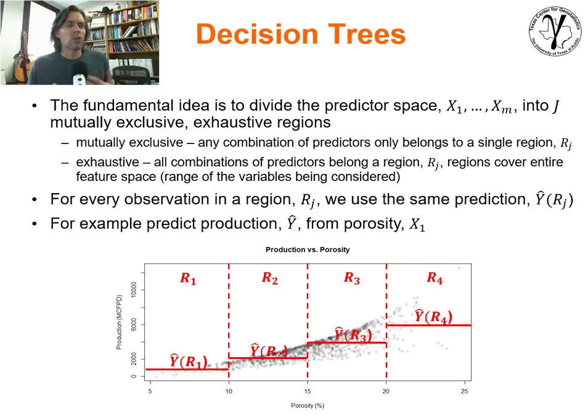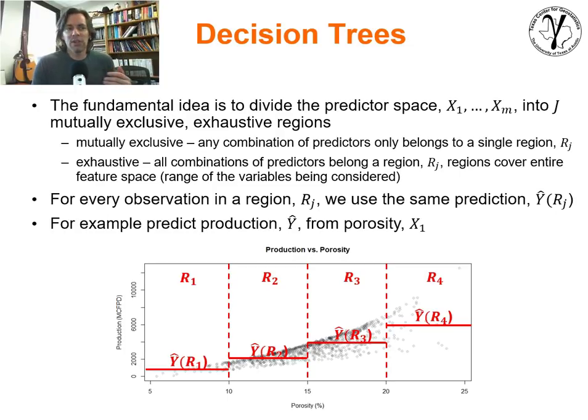Let's talk about what we're trying to do with a decision tree. The fundamental idea with a decision tree is to divide the predictor space. If we think about the predictor space, we're thinking about the feature space, all of the variables that we have available in order to make a prediction of the response, variables 1 through m, into J mutually exclusive, exhaustive regions.